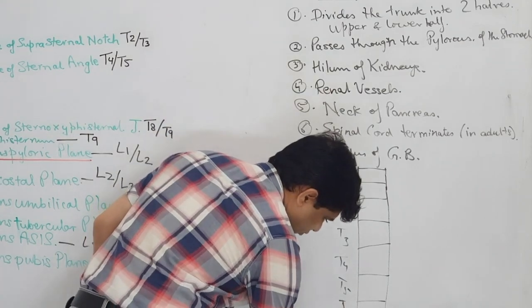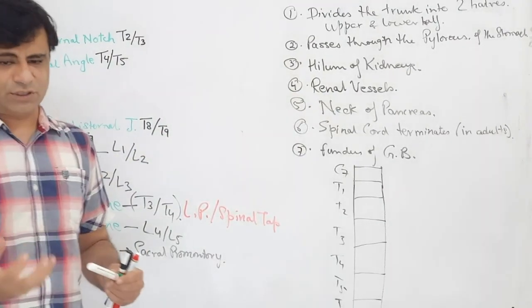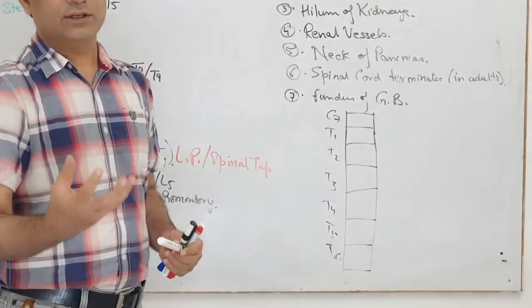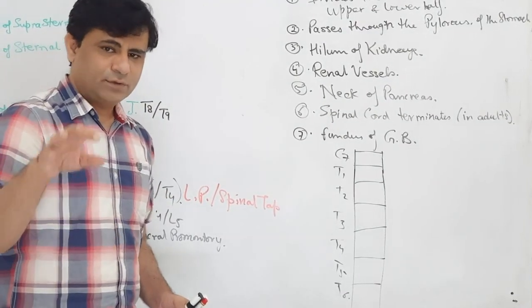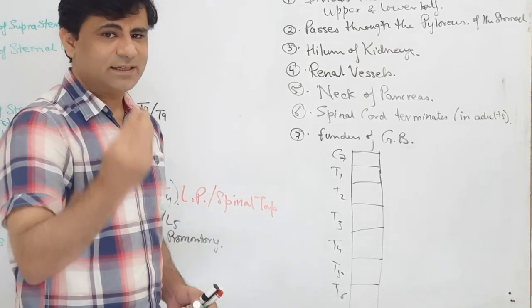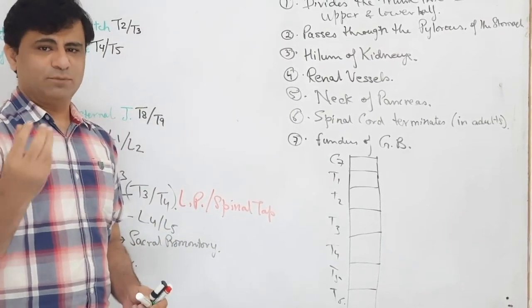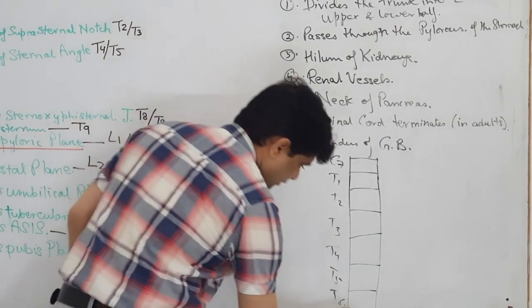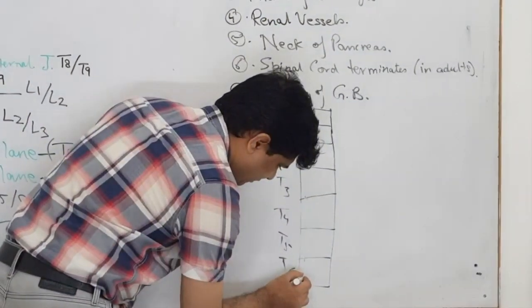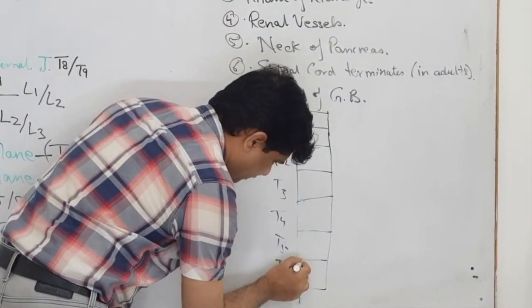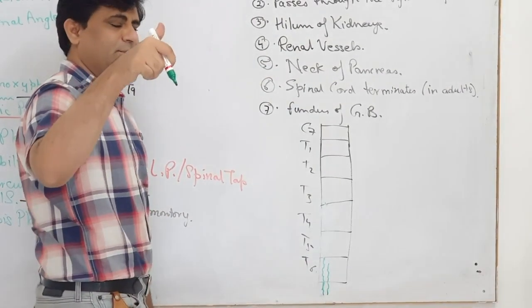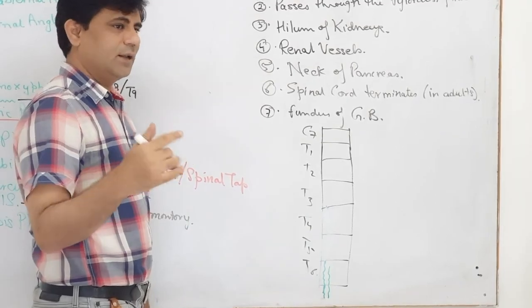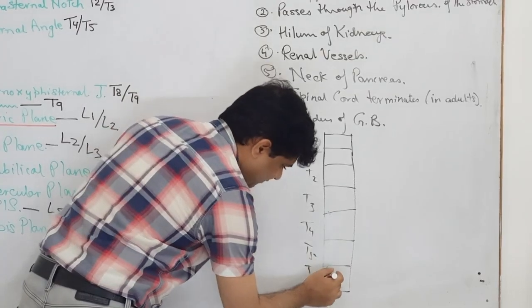So remember that the thoracic duct begins from the cisterna chyli opposite to the L1 and L2 lumbar vertebrae, and from the lower border of T12, it ascends on the right side of the abdominal aorta, ascending up on the right side of the spine, and reaches up to the 5th thoracic vertebra.